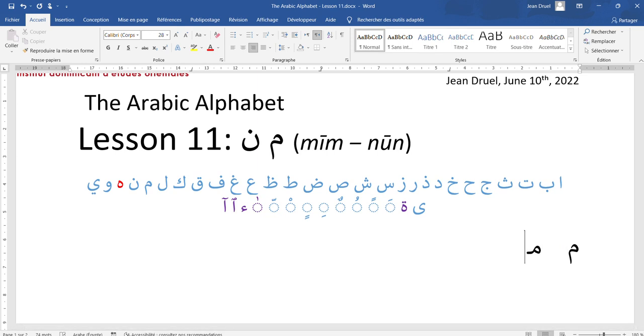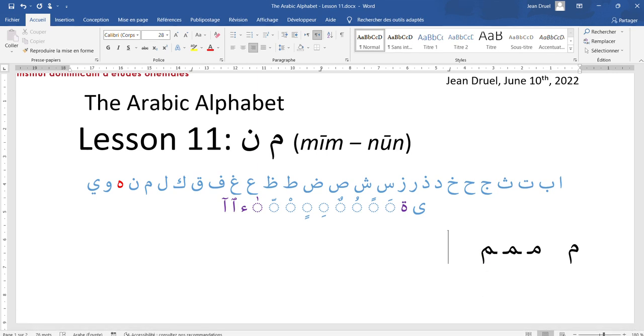Because it's connected both on the right and on the left side, you can imagine what's happening. The initial form has the head but loses the tail. The middle form is connected on both sides, and the ending form finds its tail again and is connected on the right. So this is not the issue.